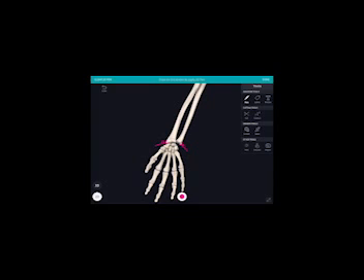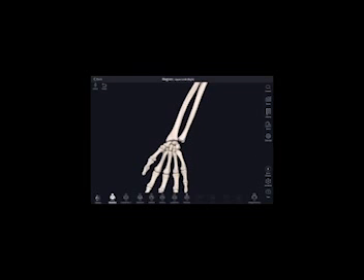And the other thing is the articulation between here, the distal radioulnar joint. There's a little notch on the ulna. It's called the ulnar notch, where the head of, not the head of the radius, but the head of the ulna is this part right here, and in here there's a little notch for the radius to sit in. So that's about it for the distal end, and I'm going to move on to talk about the carpal bones.